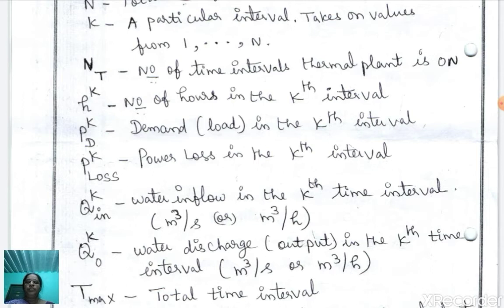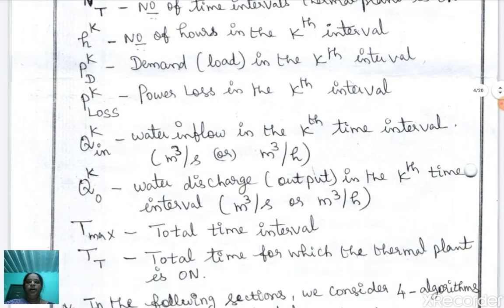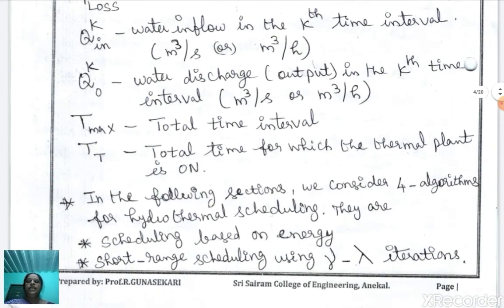Q_out^k is the water discharge, that is the output, in the kth time interval, in meter cubed per second or meter cubed per hour. T_max is the total time interval. T_T is the total time for which the thermal power plant is on.